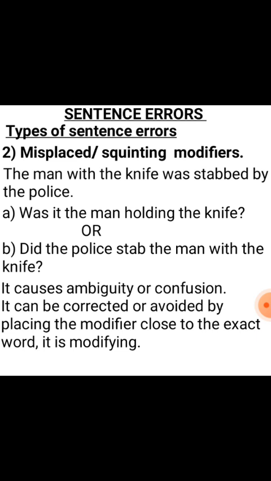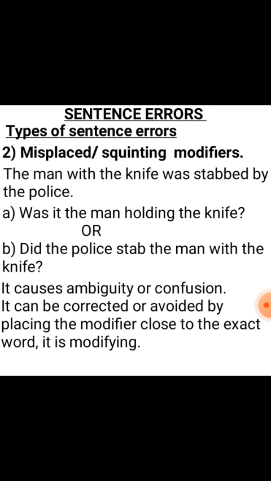So with this type of mistake or sentence error, you have to notice that you should avoid them. We make these mistakes all the time. Just take a statement like, it is really a nice house. Someone can say, it is a really nice house.